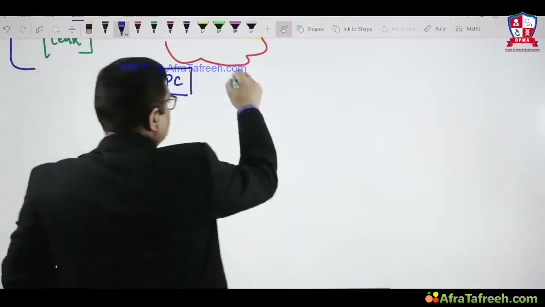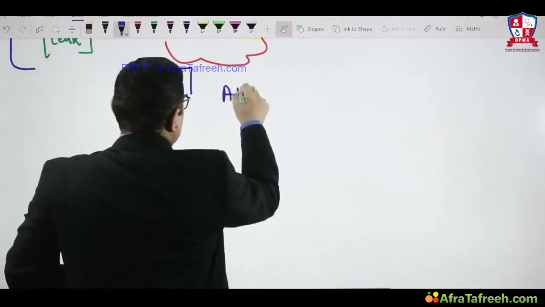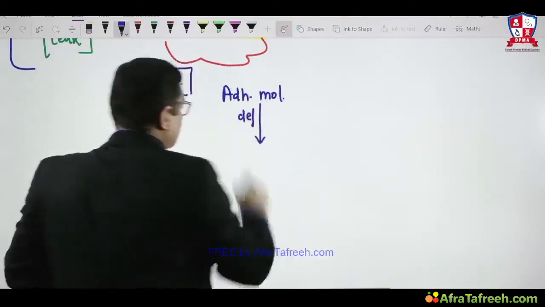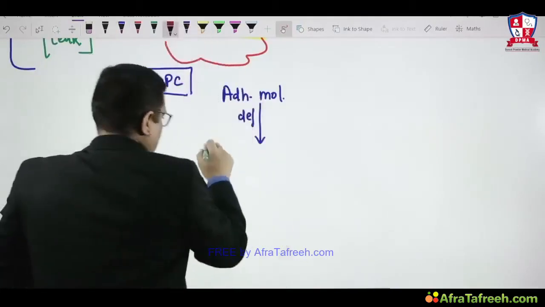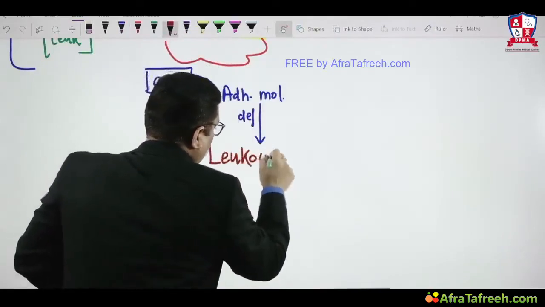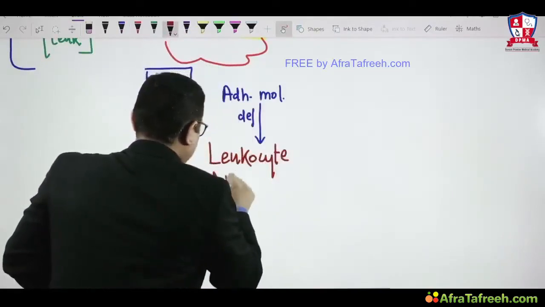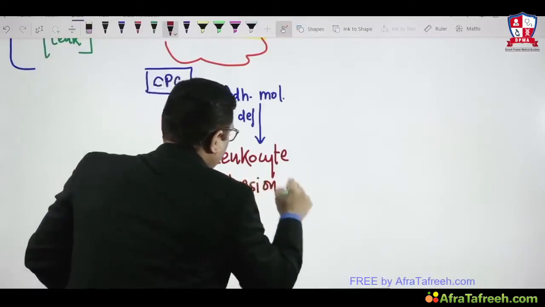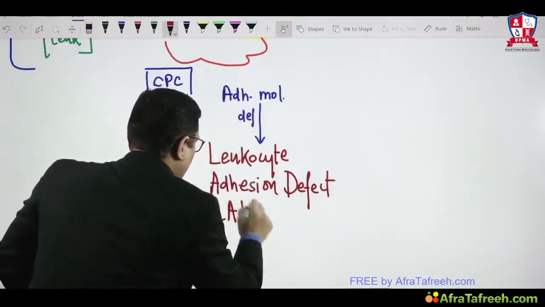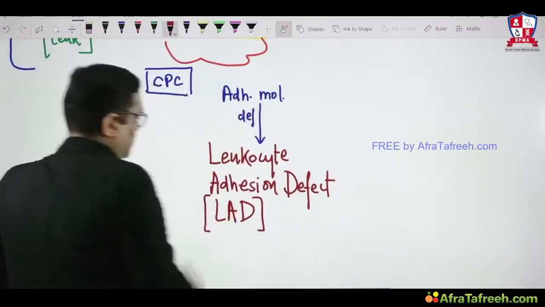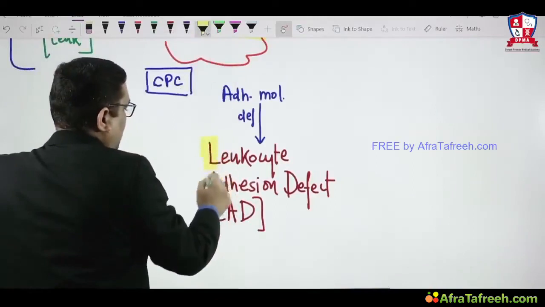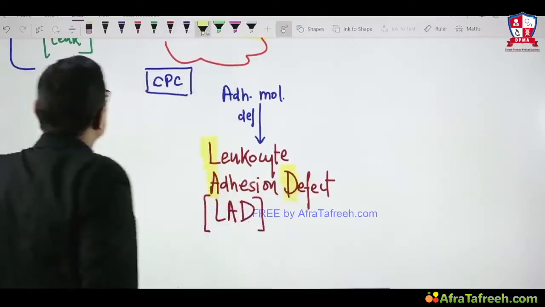Whenever these adhesion molecules are defective, they give rise to disorders of the leukocyte, and such disorders are called leukocyte adhesion defect disorders. In short, we write LAD, leukocyte adhesion defect disorder.